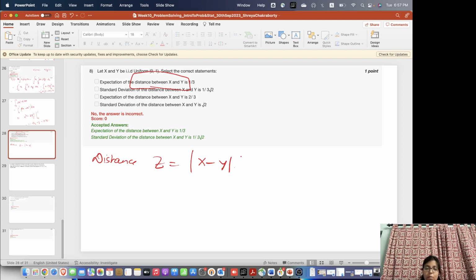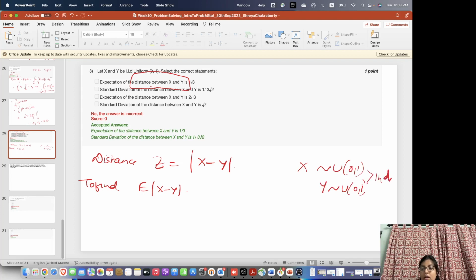This is our variable. So we have to find the expectation of modulus of x minus y. Now x follows uniform 0 1, y also follows uniform 0 1, and these two are independent.